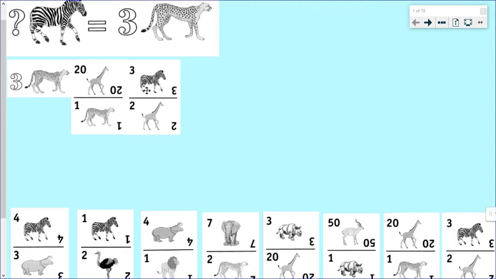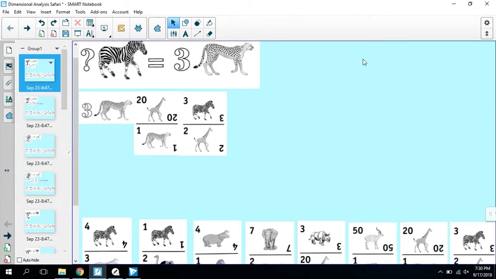So then what I have to do is multiply across the top and then divide by the numbers on the bottom. And what I'll end up having is zebras left over. And I can end up canceling out units. So my cheetahs will cancel out because they're going to divide out to be 1. They're gone. And my giraffes will cancel out and they're gone.